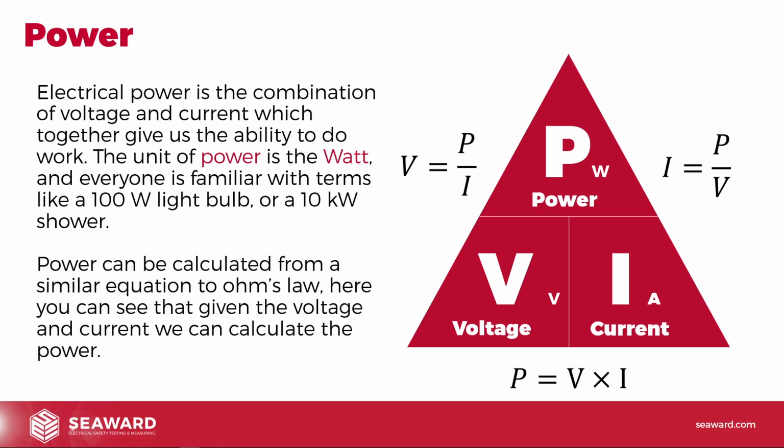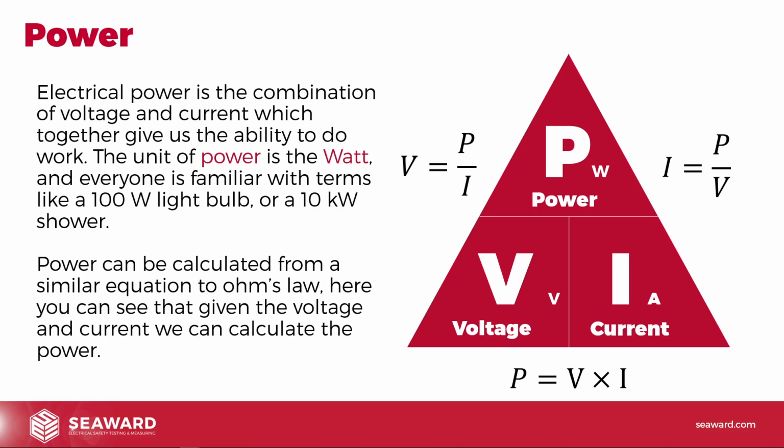Similarly, we could have a lot of current but not a lot of voltage, so there's not a lot of oomph, not a lot of power. Power, the ability to do work, comes from the combination of voltage and current together. And that's where we get an idea of the ability to do work that a piece of equipment has got.